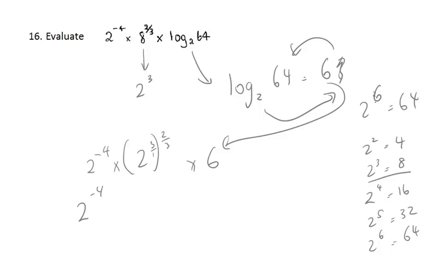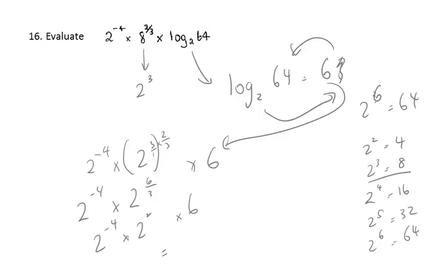So 2 to the negative 4 multiplied by 2, and we can multiply across the top: 3 times 2 gives us 6, 1 times 3 gives us 3. So here 6 divided by 3 gives us 2. 2 to the negative 4 times 2 squared here, times 6.